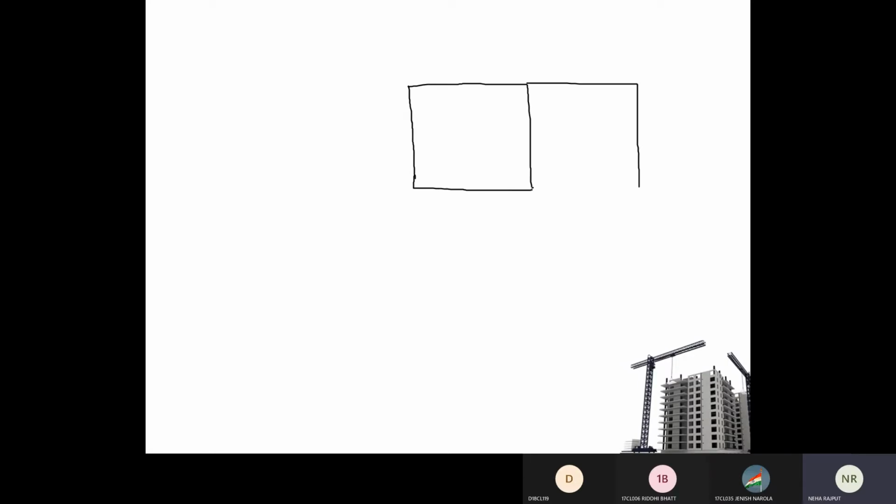Suppose this is your building like this, and here the columns are placed like this. This is a column, no? At all four corners, I am placing the columns, right?